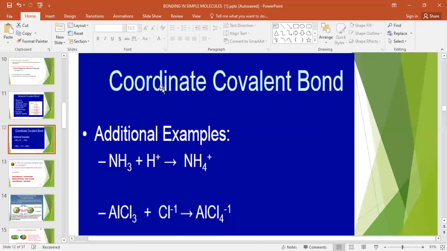Clear now? When we share a pair of electrons with any other element, that type of bonding is called a dative bond. For others we can just write one line, but for dative or coordinate there is a specification with an arrow like this. Clear now?